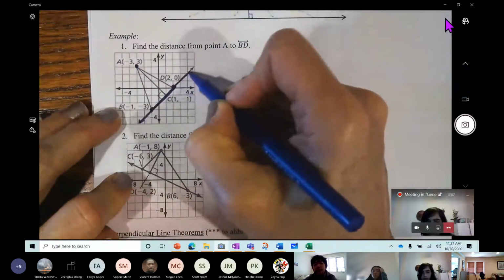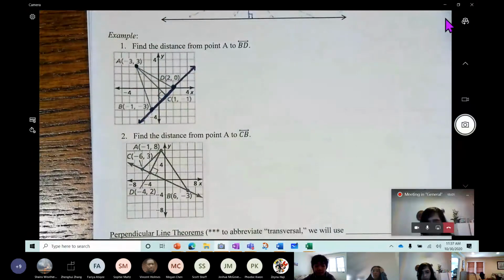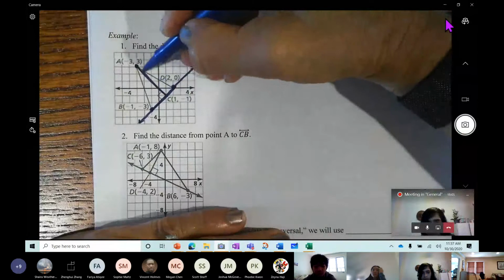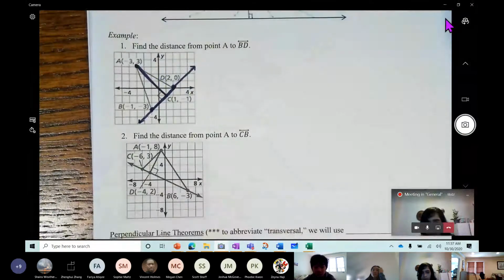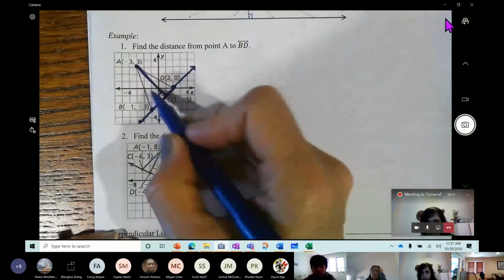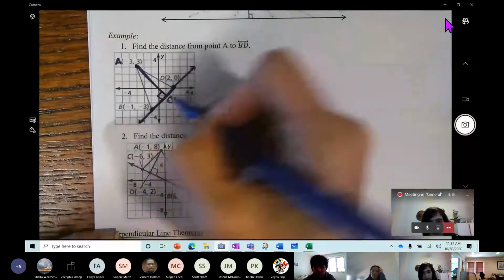So if we apply that theorem, that means that really what we're looking for is this right here, because that's the one that's marked with a perpendicular. So what we're really looking for is the segment AC.